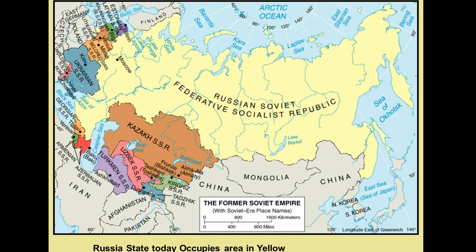So the Russian Soviet Federative Socialist Republic, as it was known, is now the country of Russia. And Kazakhstan, Uzbekistan, Turkmenistan are independent nations. For example, the Kazakh Soviet Socialist Republic, as it was once known, is now the nation state of Kazakhstan.